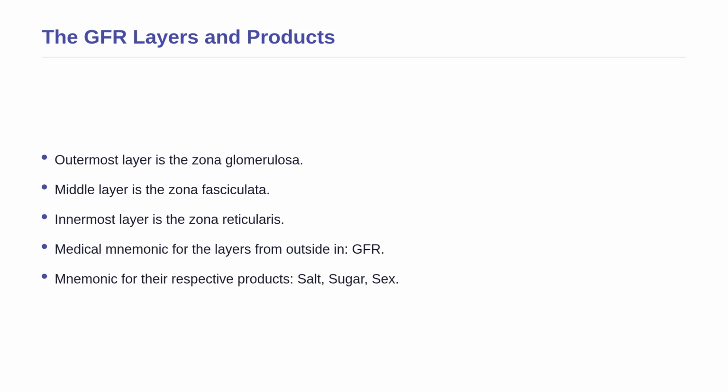And to remember what each specific layer produces, we use the phrase salt, sugar, sex. The glomerulosa controls salt balance, the fasciculata manages sugar metabolism through cortisol, and the reticularis produces sex hormones called androgens. Each layer is a specialized factory.